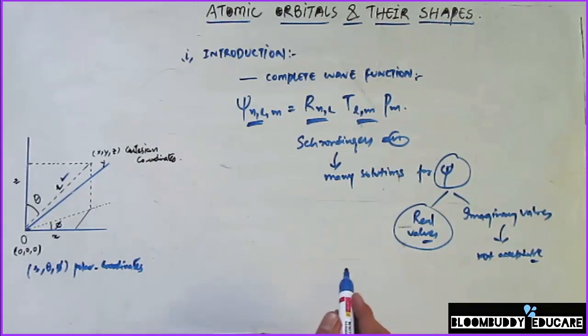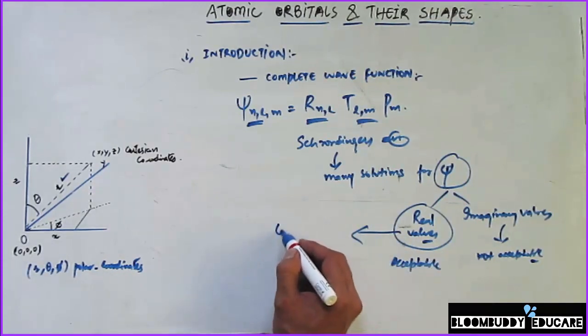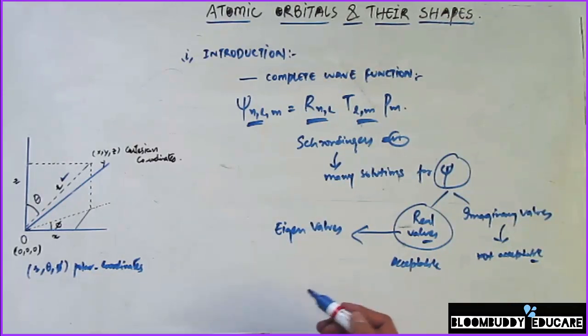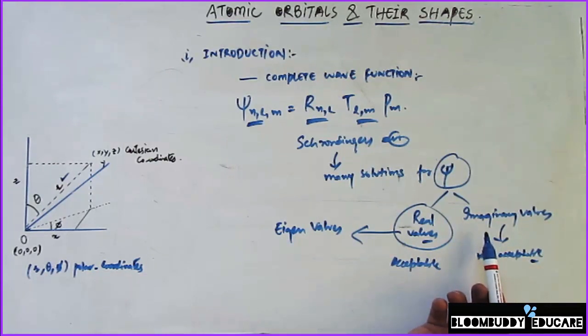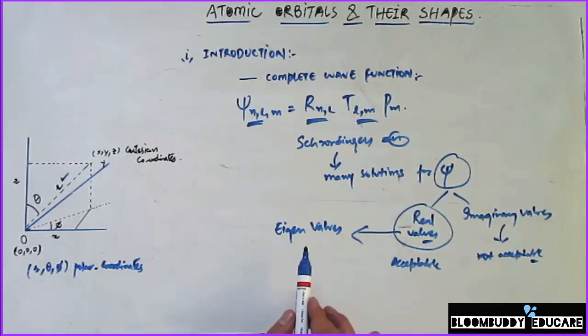These real values which are acceptable are called the eigenvalues, or sometimes we call them the acceptable wave function also. So these are the imaginary values or the non-acceptable wave functions, and these are the acceptable wave functions. So we always take into consideration only the real values, and in other words we call them eigenvalues.